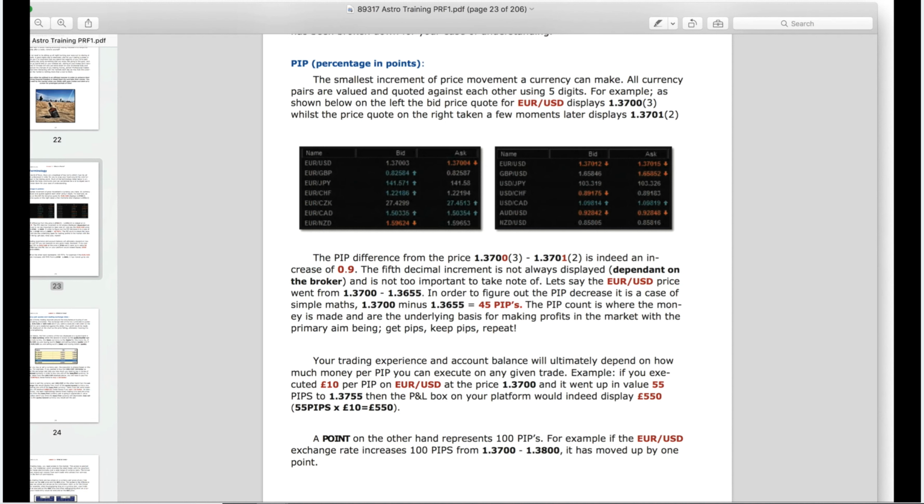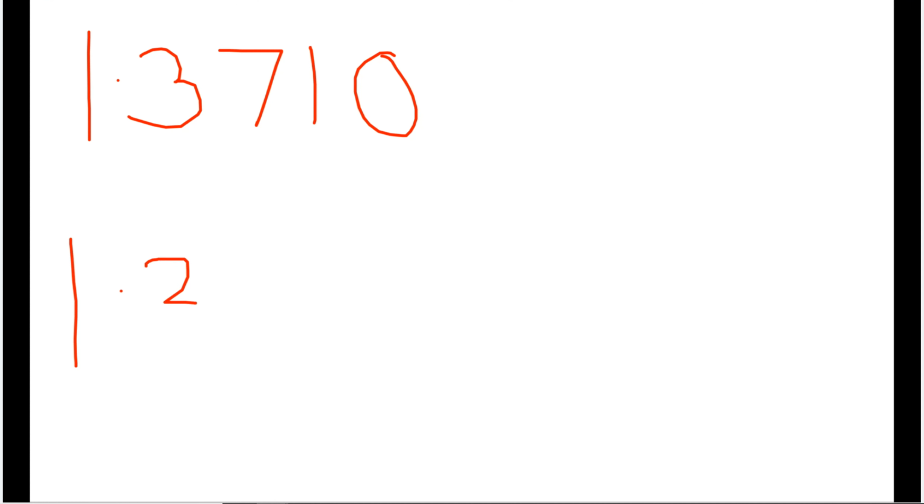Let me just get my whiteboard up again. All right, so we have, what's that quote? 1.3700. I'll just pull up any random one. So 1.3710 to 1.3708.